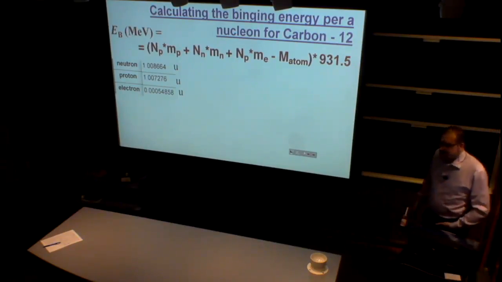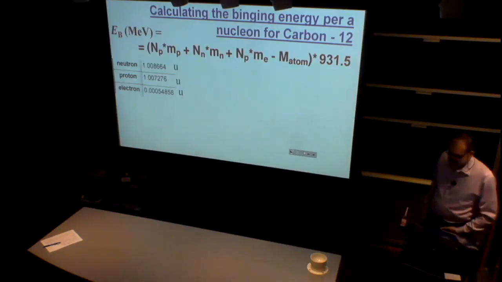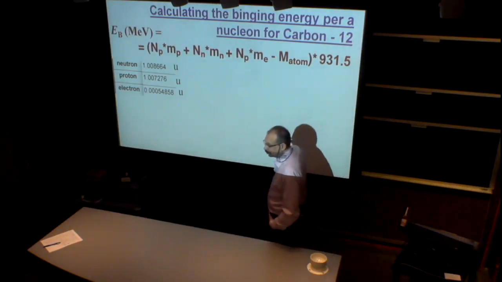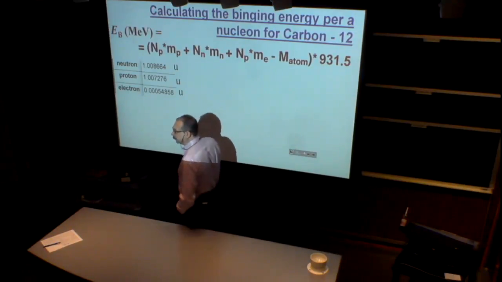So how many protons? And how many neutrons? And how many electrons? And the only number which we need to figure out is the atomic mass of carbon-12.